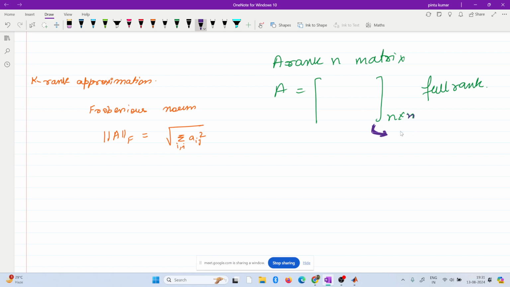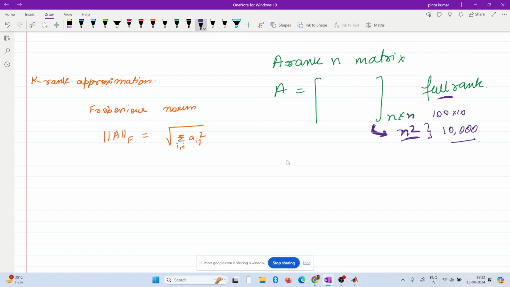If it is an n cross n matrix, then you will have to store all the elements because this is a full rank matrix. You can't ignore any row or column. So n square is the number of elements that is required. For example, if it is 100 cross 100, so 10,000 elements would be required.